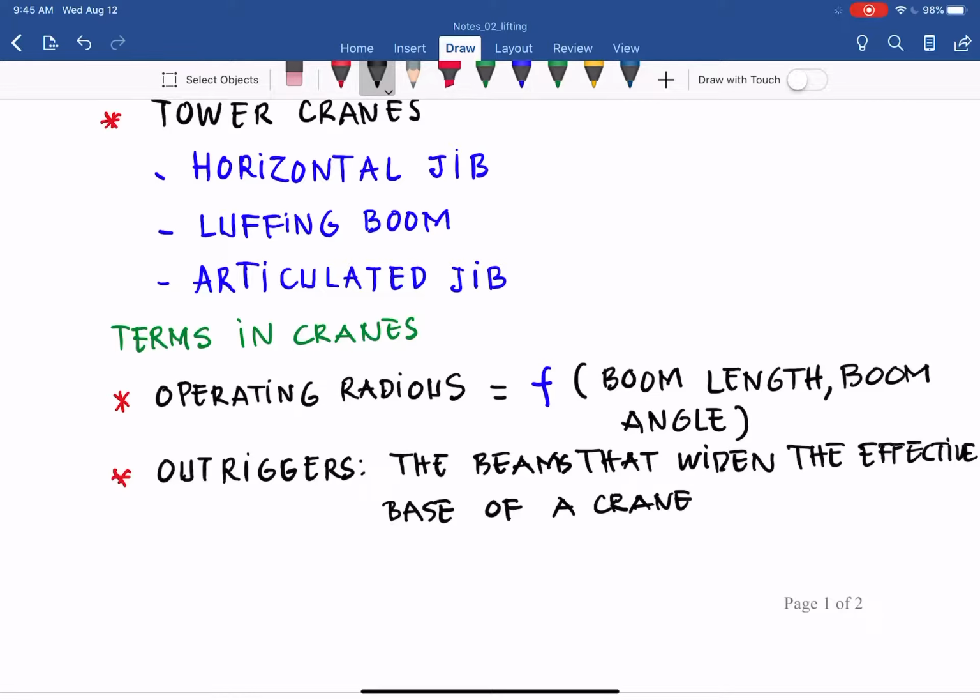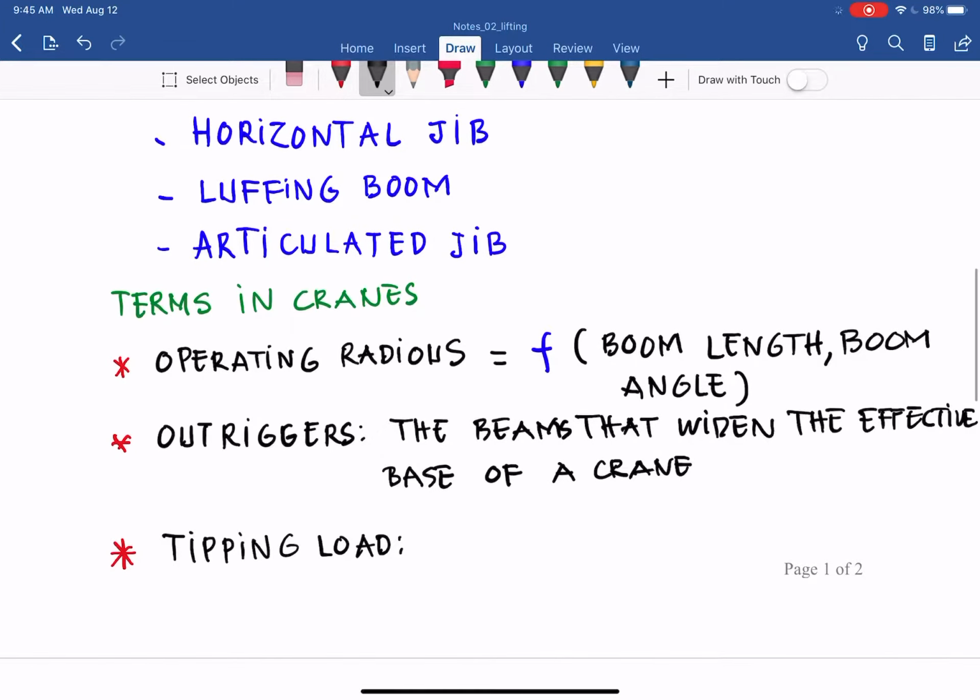And the last terminology that we refer to in cranes is the tipping load. You read in the news sometimes that a crane fell over because of loading, and that is determined by the tipping load. So what is the tipping load?